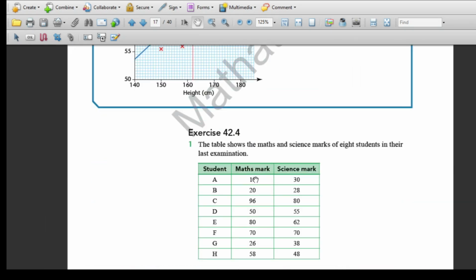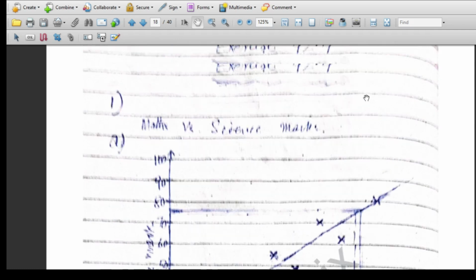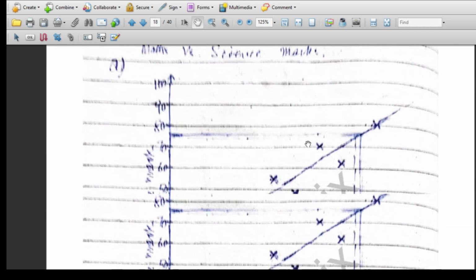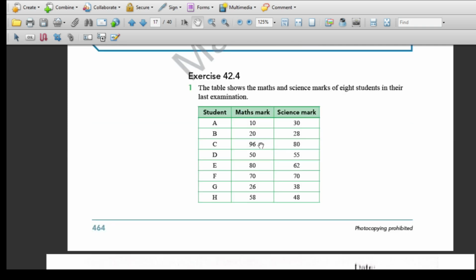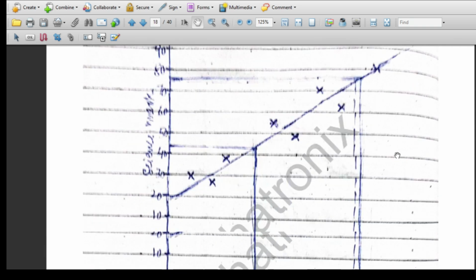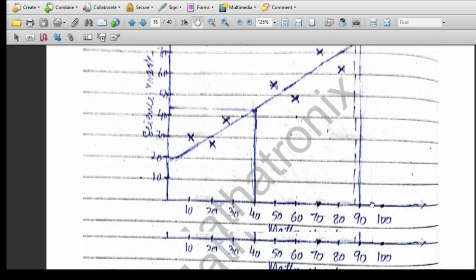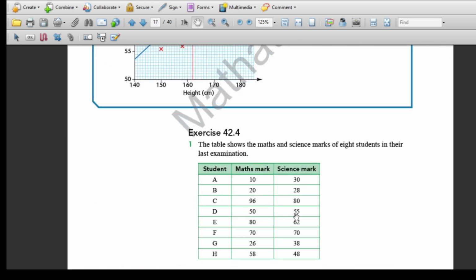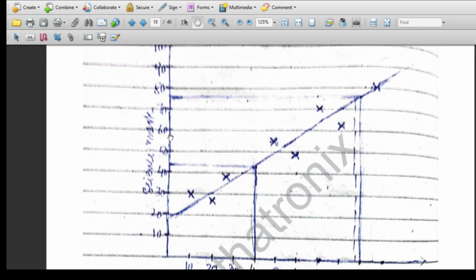We have 10 marks in math and 30 marks in science. At 10 we plot the 30 here, the first one, and then at 20 we have 28. At 96 we have 80, and then 50, we have this 55 marks.